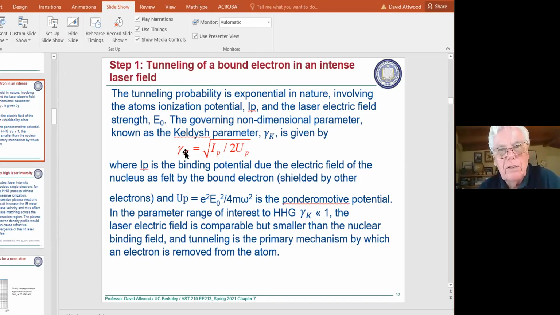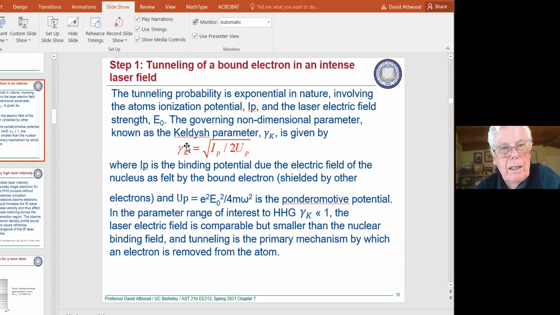It's a non-dimensional parameter that Keldysh, when he was looking at penetrating the potential barrier, derived in a mathematical analysis. We have a whole bunch of papers, and one year, one of the students did a presentation on these calculations.